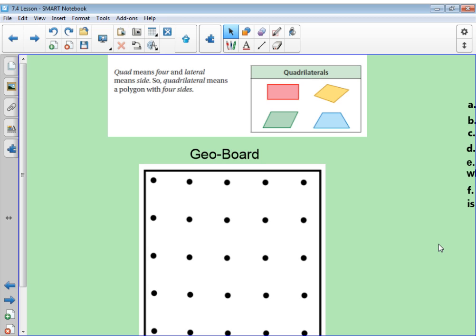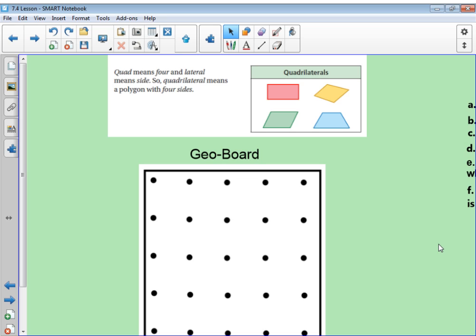Okay, let's try another one. Form a quadrilateral with four congruent sides and four right angles. So four congruent sides means they're exactly the same length. So I'm going to go ahead and let's draw two, and two.